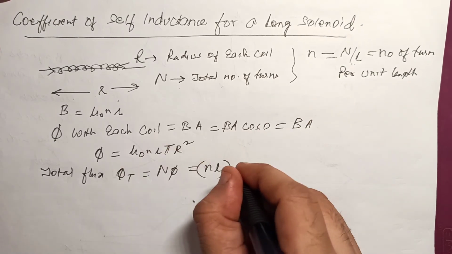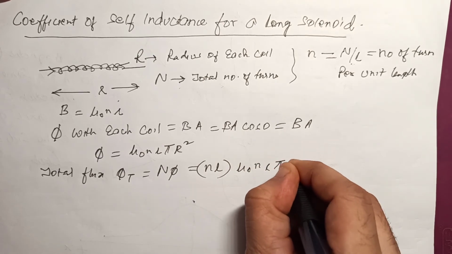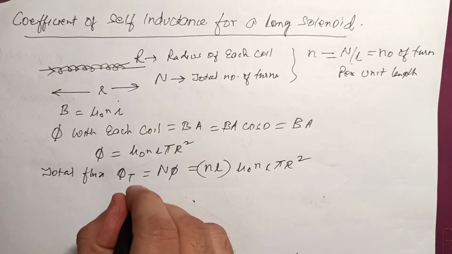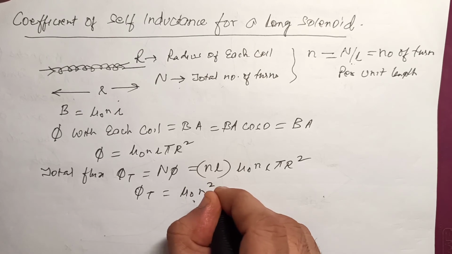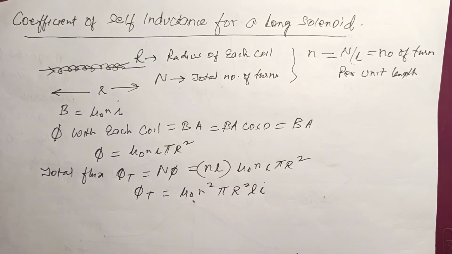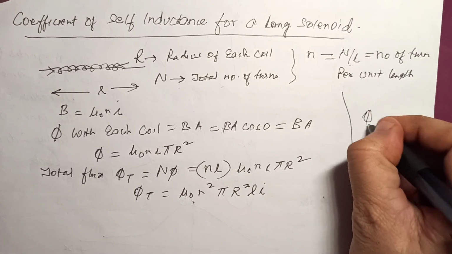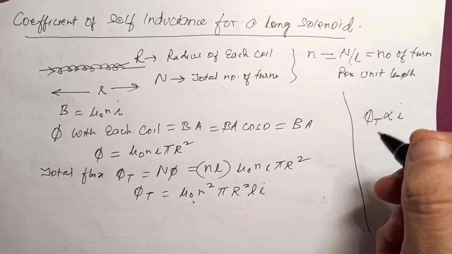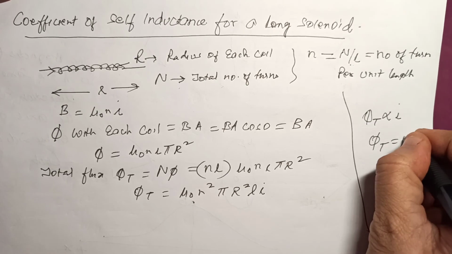Now I'm just putting this in, which is mu naught n i pi r square, or we can say phi t is mu naught n square pi r square L i. Okay, but we have studied, if you remember, phi is equal to L i. We have studied this, right? We have studied phi t is proportional to I. You remember last lecture? Then phi t is equal to L i.